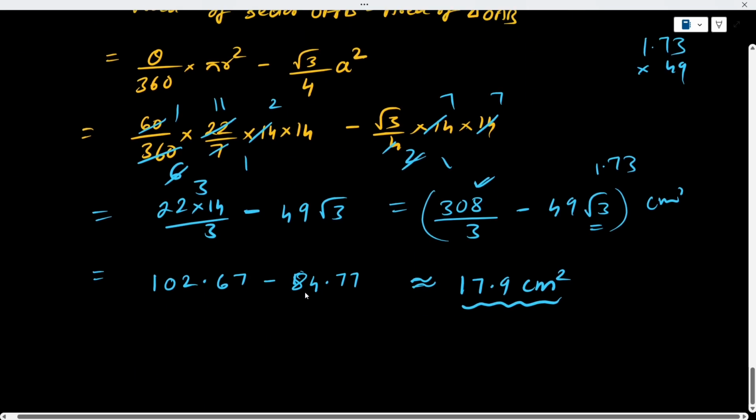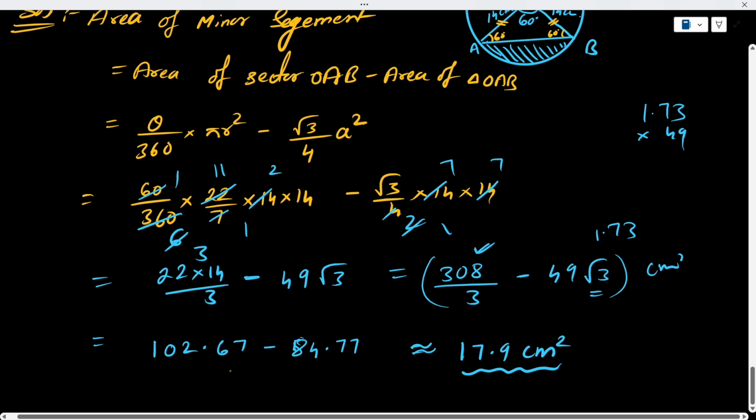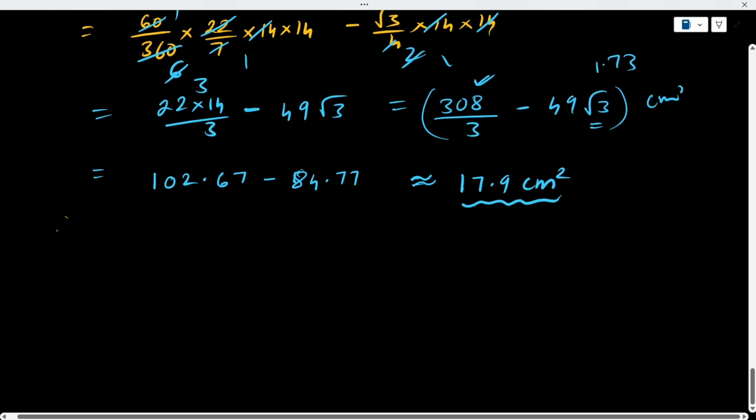Then how do we get the major segment? What is going to be the major segment? It is the whole area other than the minor segment area. So I can take the complete area of the circle, and if I remove this area, then I'll be left with only the major segment area. So I'll apply that here.